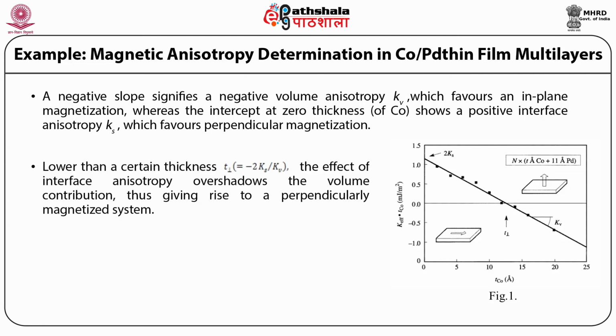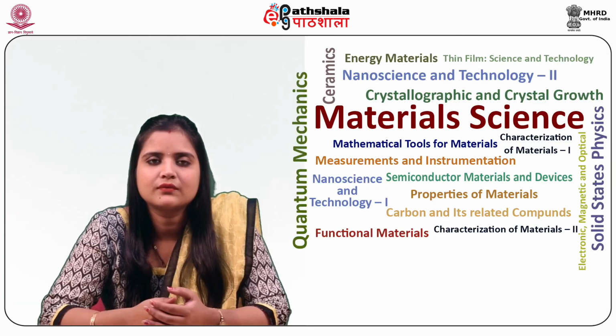Lower than a certain thickness, t perpendicular, which equals minus 2 times Ks by Kv, the effect of interface anisotropy overshadows the volume contribution, thus giving rise to a perpendicularly magnetized system.